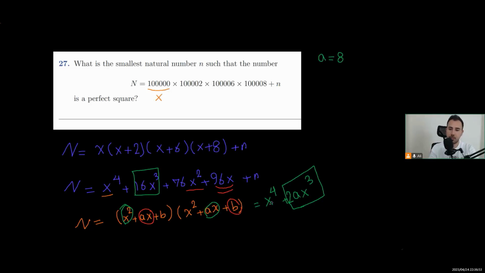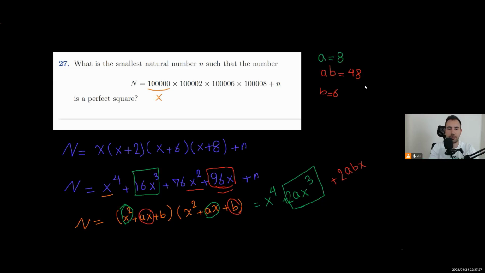So I'm going to write it here. It would be abx, but it's repeating 2 times. Now let's compare this term with this 96. So ab will be 48. So b will be 6.